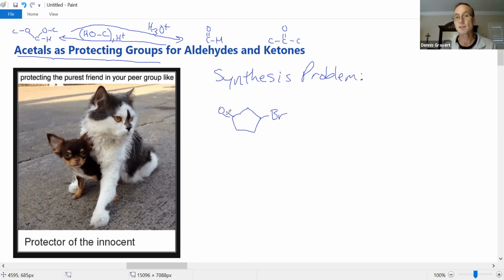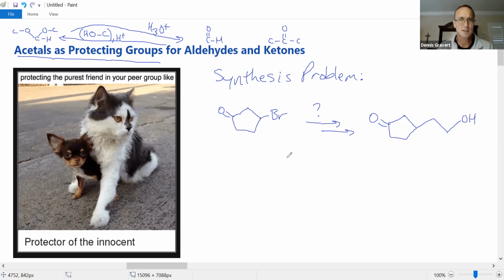I'm going to start with this ketone with a halide, and I want to know, is there a way to change this molecule into this one? So in multi-step synthesis, let's find a series of reactions, one after another, to make this new molecule.